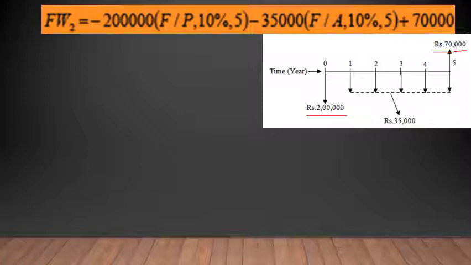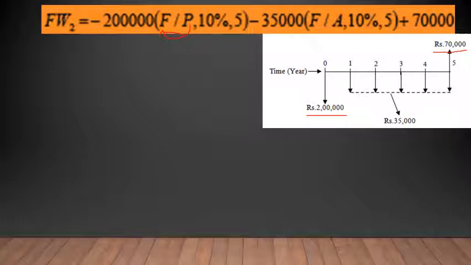Okay. Now let us convert each cash flow into its future worth. Minus 2 lakh into F by P comma 10 comma 5, because 2 lakh is present worth, so convert that P into F multiplied by for n number of years, that is 5.